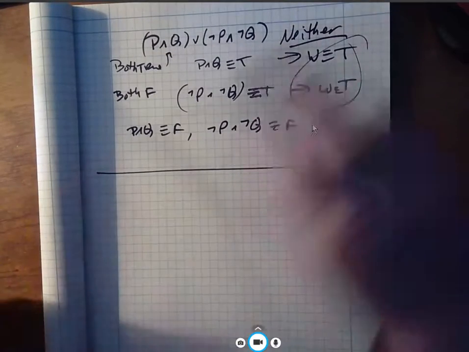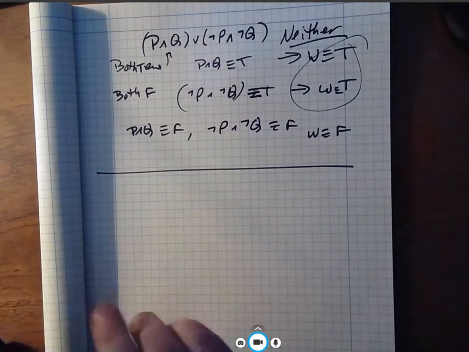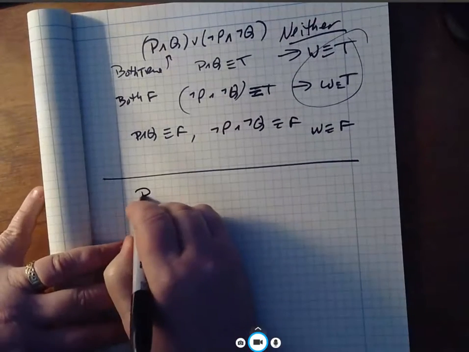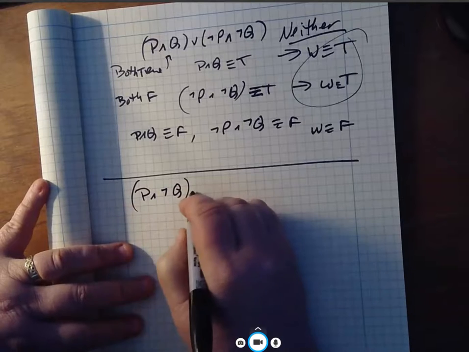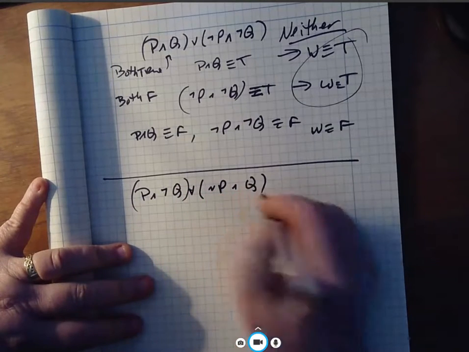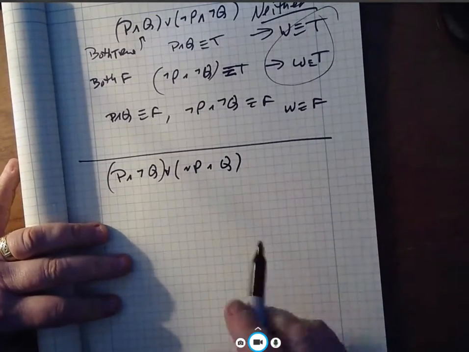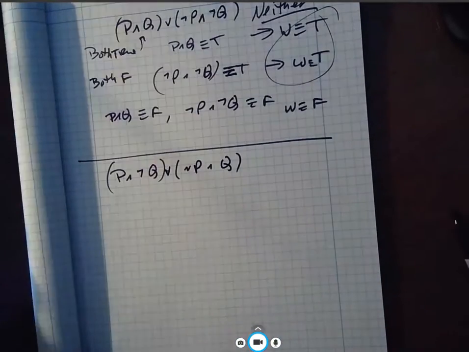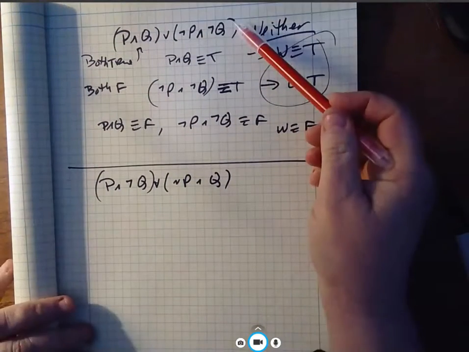Let's look at the next one. P and not Q, or not P and Q. So now one thing to look at is that this is basically the same thing that we did up here.